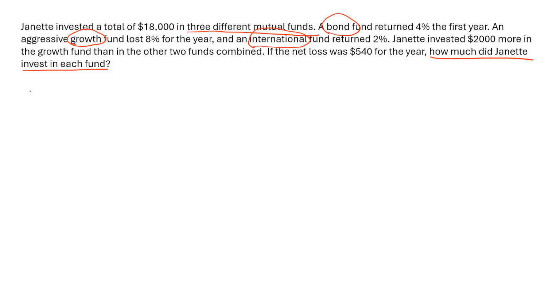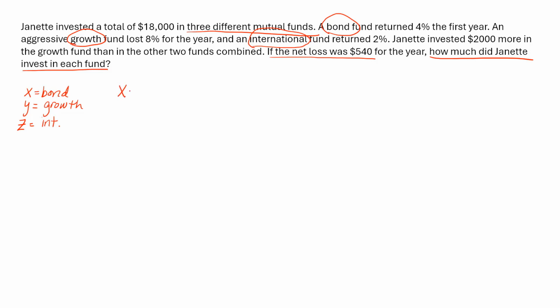We'll just call them X, Y, and Z. X is the amount she put in the bond fund, Y will be the amount she put in the growth fund, and Z will be the amount she put in the international fund.